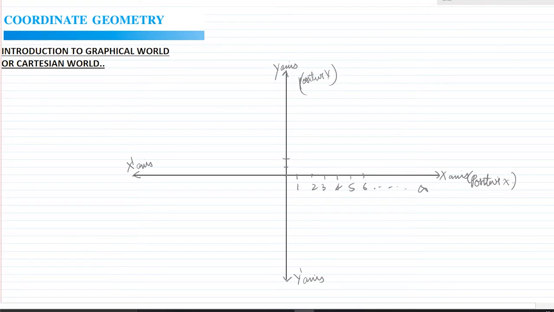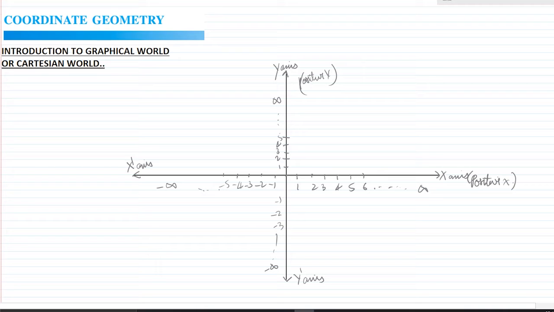We take 1, 2, 3, 4, 5 and so on to infinity. The opposite of this axis is our minus axis. Minus 1, minus 2, minus 3, minus 4, minus 5, and so on to minus infinity. Same here, minus 1, minus 2, minus 3 and so on to minus infinity.